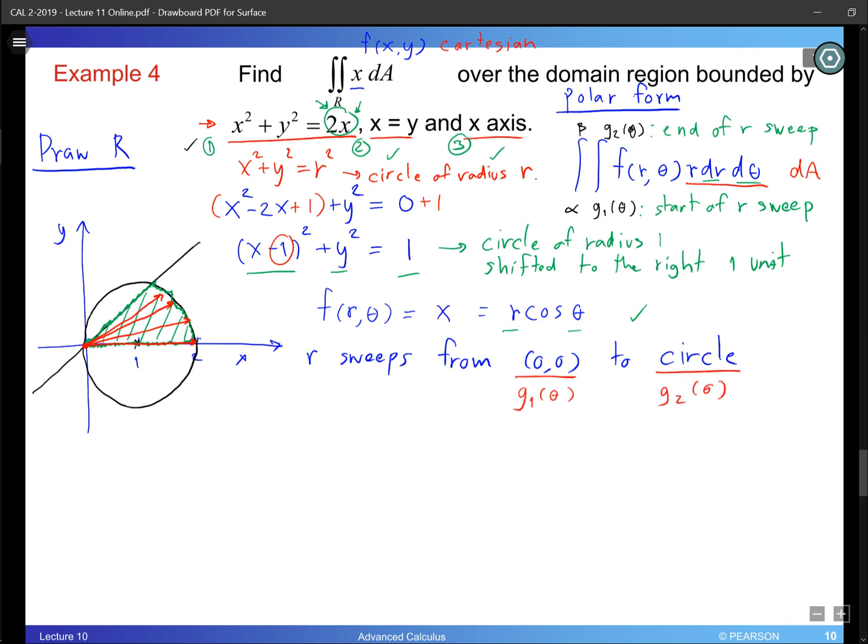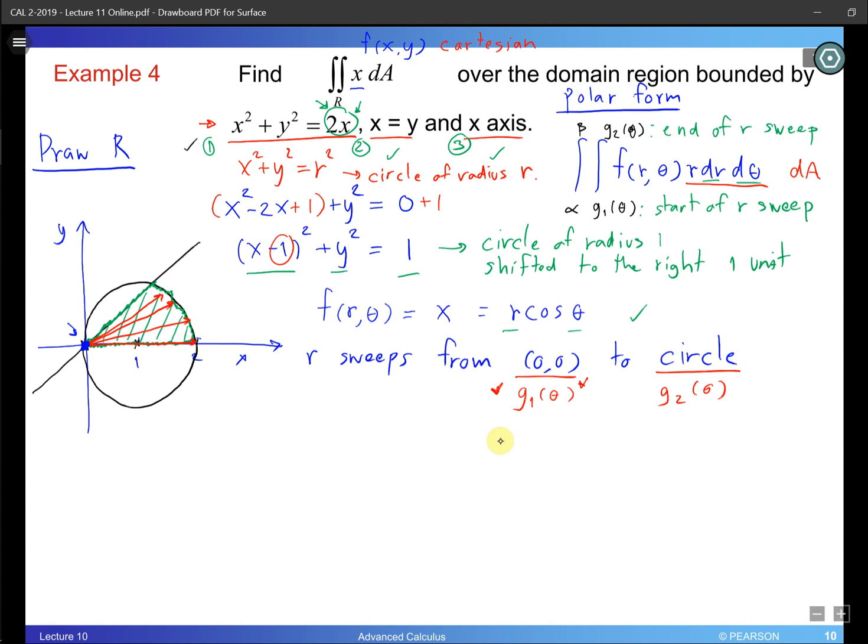Now let's take a look at g1 theta right here, which is the origin. So let's focus at the origin. You take a look here at the origin. In terms of radius, what is that value? Right at the beginning, and it doesn't go anywhere. Right here, it means that radius is equal to 0 at the origin.